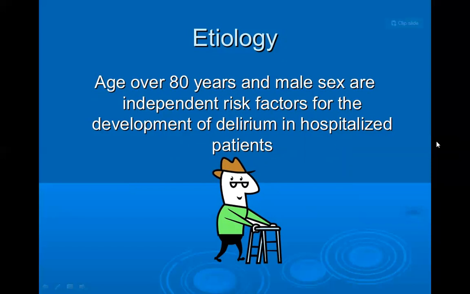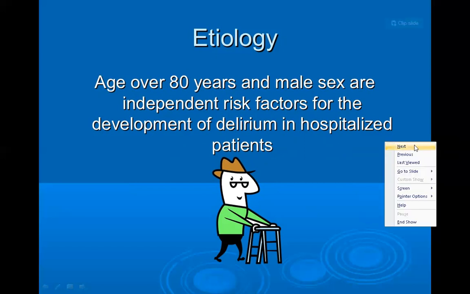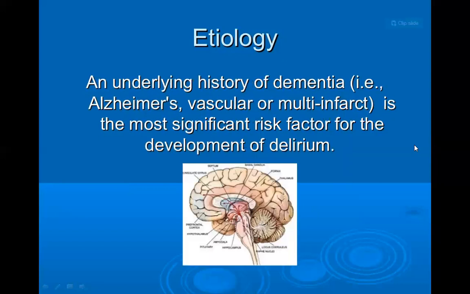Age over 80 years and male sex are independent risk factors for the development of delirium in hospitalized patients. An underlying history of dementia, that is Alzheimer's, vascular or multi-infarct, is the most significant risk factor for the development of delirium.